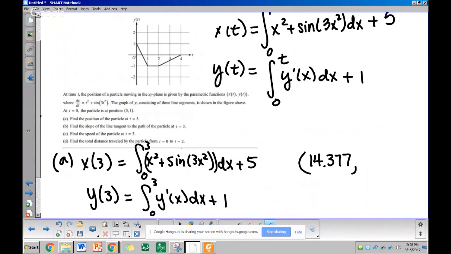I have a question. Yes, sir. Why are we talking about integrals when this is just the y position function? It's asking you for where it's standing at time equals 3. They tell us dx/dt, which is the rate of change of x, and they tell us dy/dt.